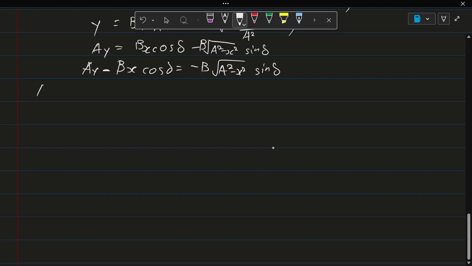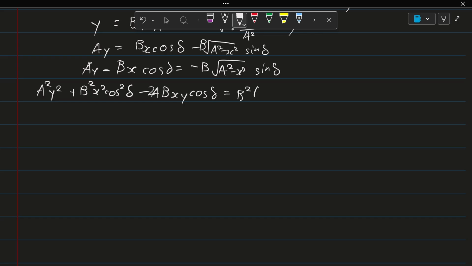So we would get a squared y squared plus b squared x squared cosine squared delta, no, sorry, it's a minus. So it's minus 2abxy cosine delta, equaling b squared times a squared minus x squared, sine squared delta.